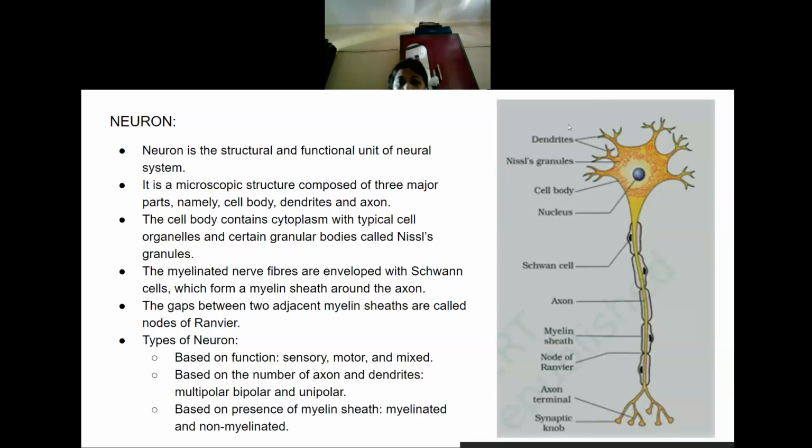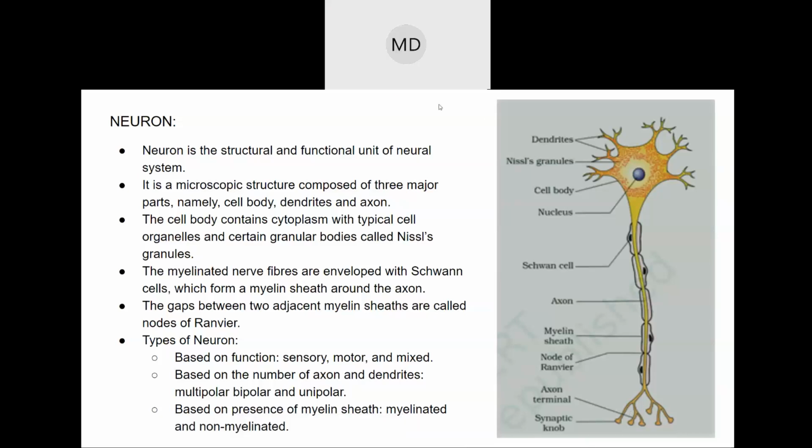Okay, so the neuron has the cell body, then the axon, and then the dendrite. Okay, cell body, axon, and dendrite.